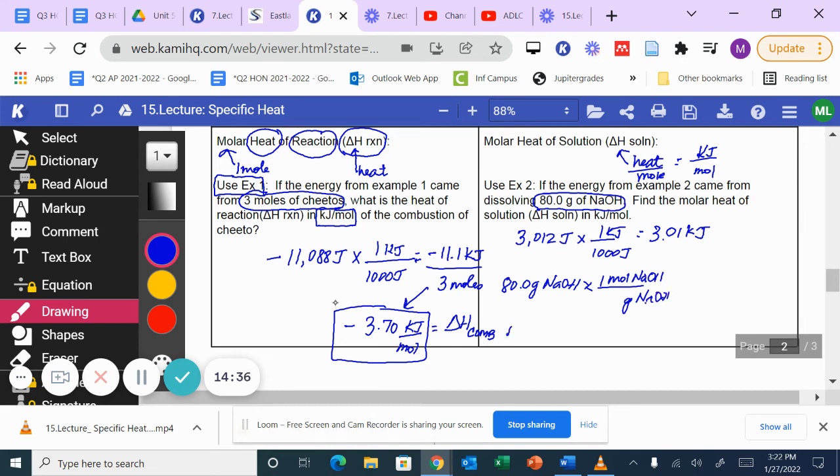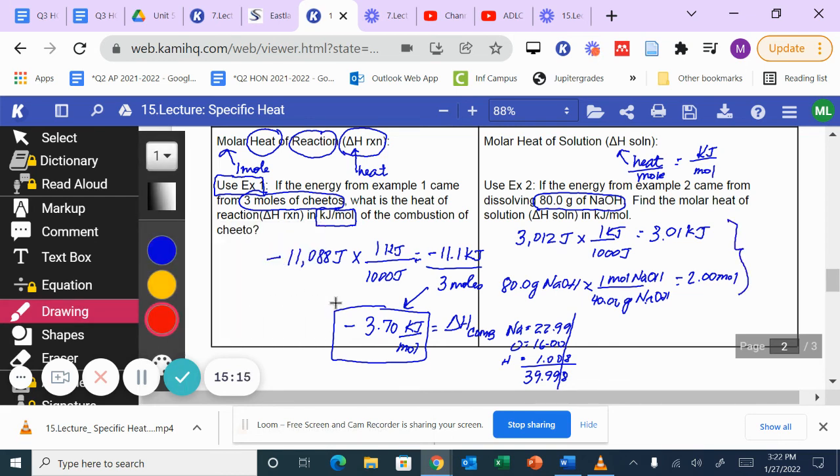I have to add up Na, which is 22.99, O, which is 16.00, and H, which is 1.008. Add that up, I'm going to get 39.998, so 40.00. So I'm going to get 2.00 moles.